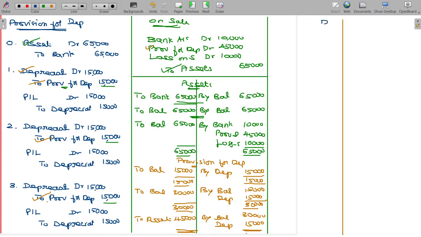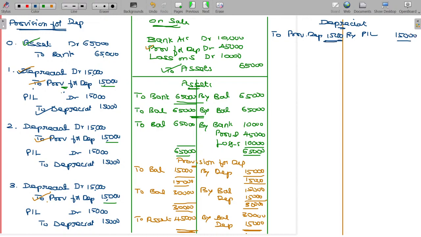When I open the depreciation account, depreciation is transferred to the provision for depreciation account, right? Charged through provision for depreciation. So to provision, asset adjustment க்கு பதிலா provision ல accumulate பண்றோம். Provision for depreciation 15,000, and immediately it is transferred to the P&L account. So by P&L account 15,000.